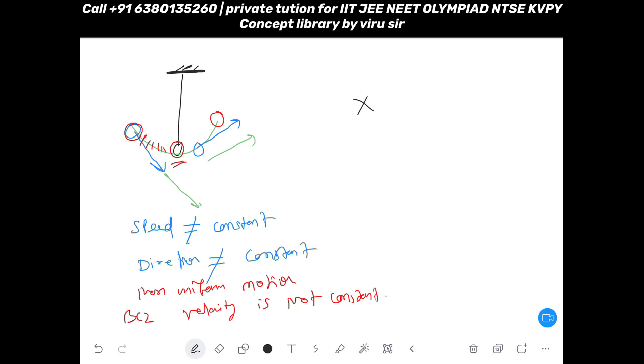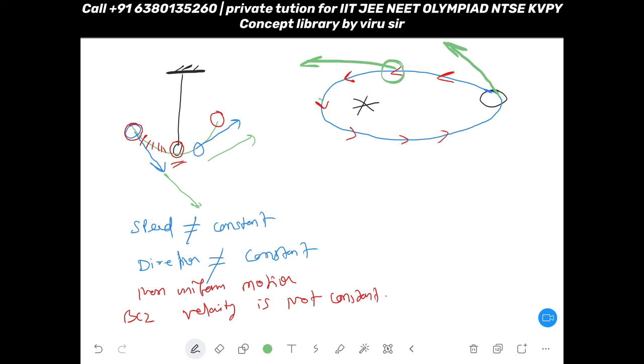At the same time, suppose you have the sun here and you have the earth here. When the earth is revolving around the sun like this, you can see at every point the direction is being changed. At this point the earth is trying to go in this direction, at this point in this direction, and at this point in this direction.